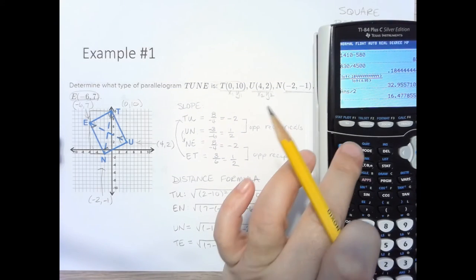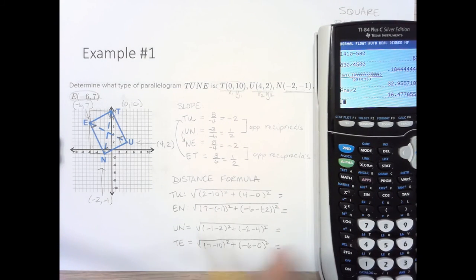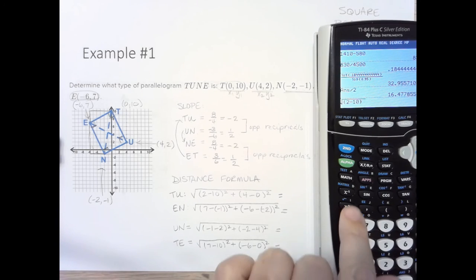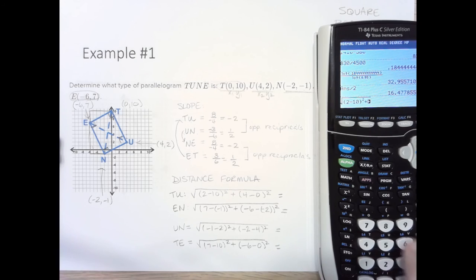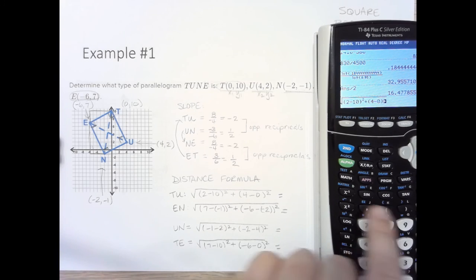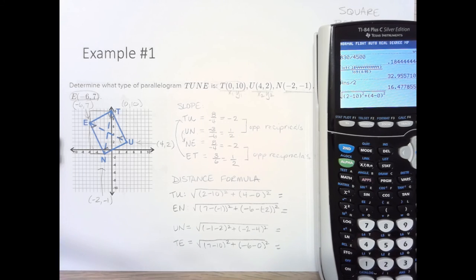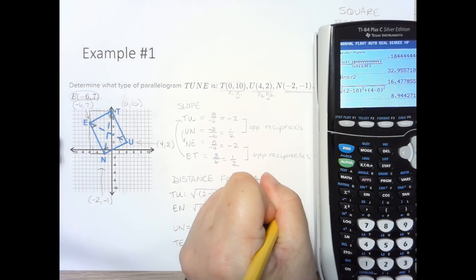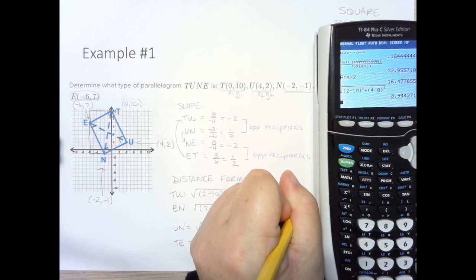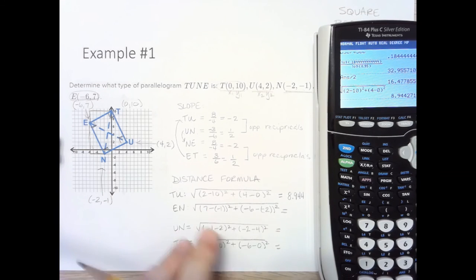I'm going to take the square root of parentheses 2 minus 10 squared plus parentheses 4 minus 0 squared. All right, and I get 8.944. Now I'm going to take the next one.